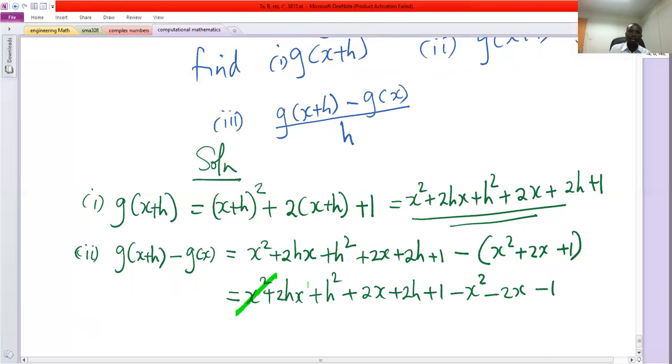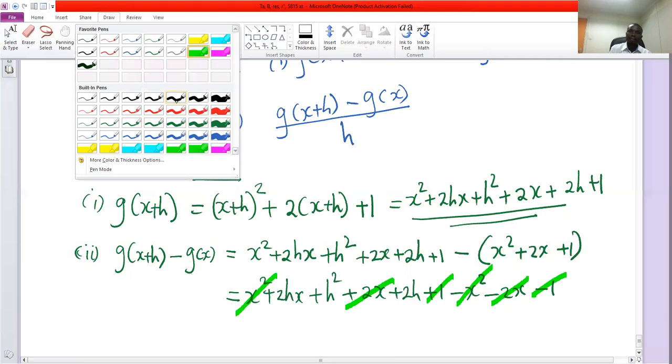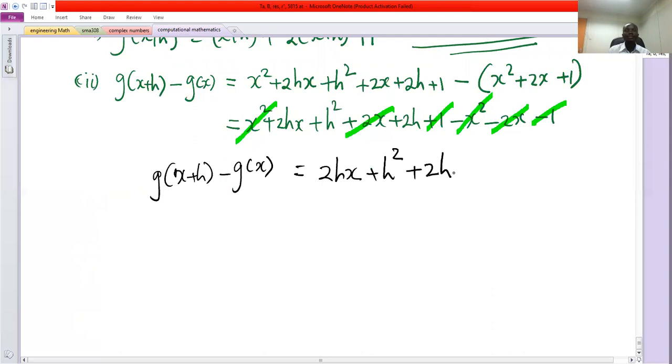You see this and this cancels out, this and this cancels out, plus 1 minus 1. So you will have g of x plus h minus g of x equals 2hx plus h squared plus 2h.